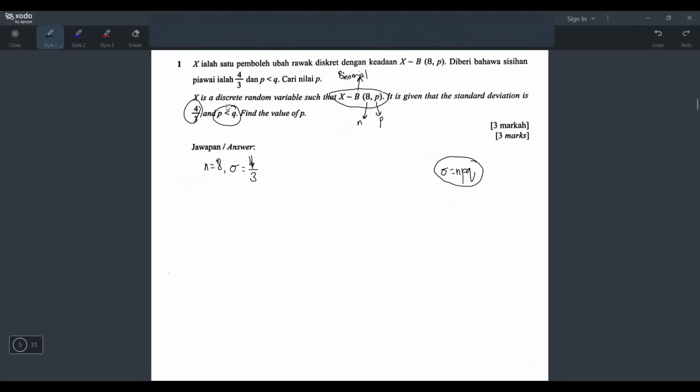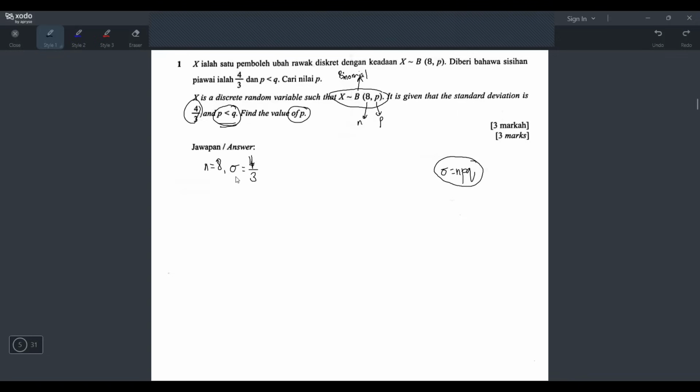This one will confirm be important later on. You can't see why it's important yet, but after you do the whole question, this will be important for sure. Otherwise, they wouldn't suddenly mention p smaller than q. There must be a use for it, so for now we don't do anything to it first. And then it says find the value of p.